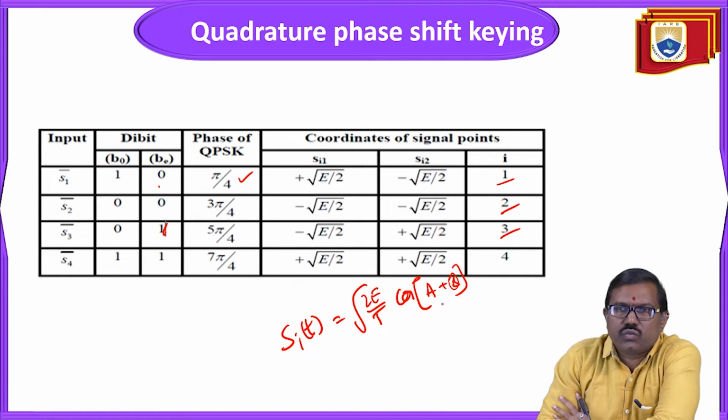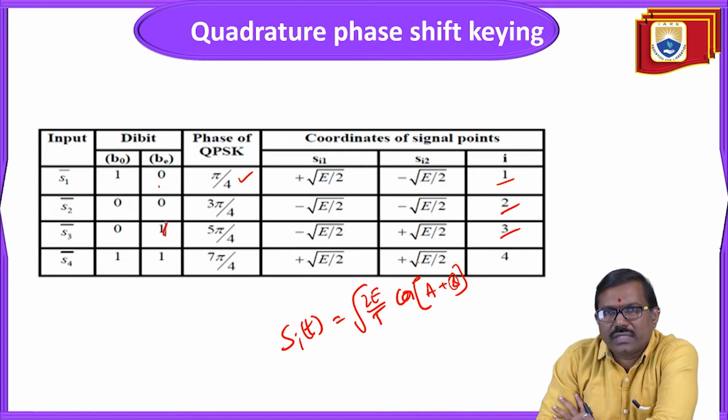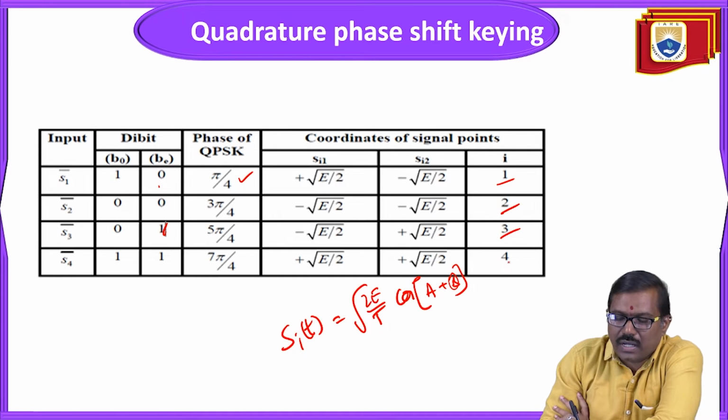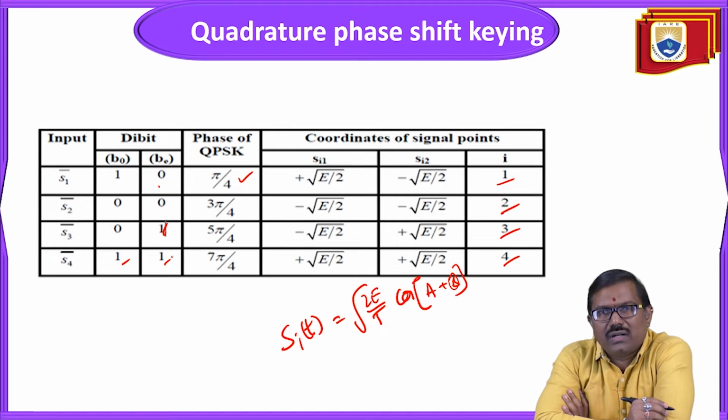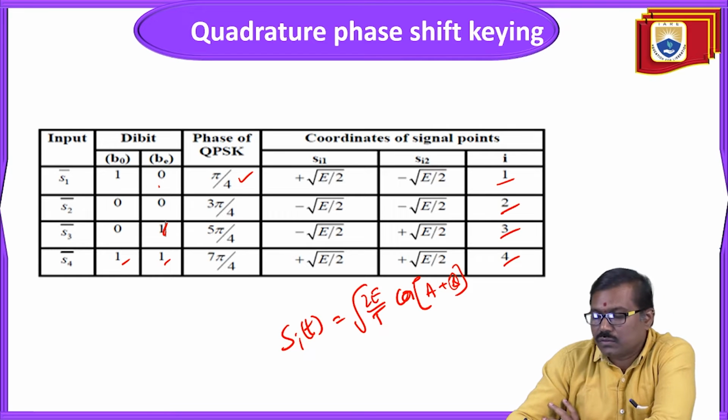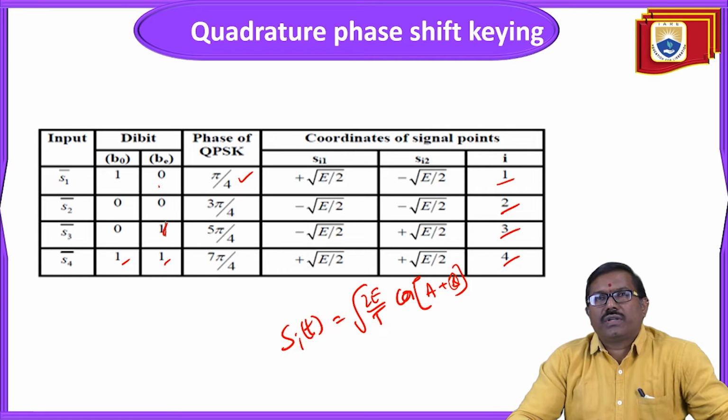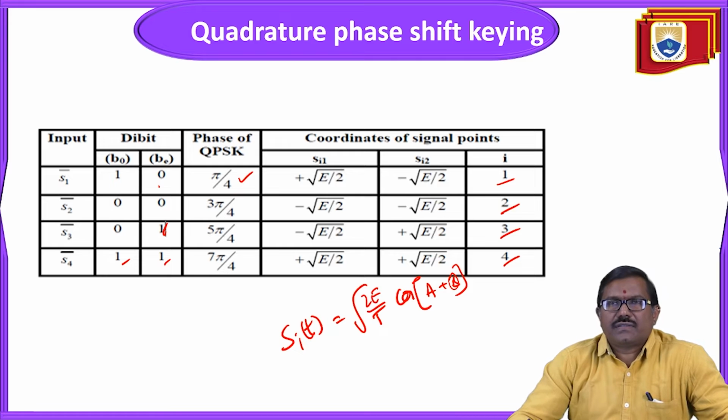So we divide this and substitute the i values, and you get these coordinates of the signal points. And again, for i equal to 4, my dibits are 1 1 and the phase value is 7 pi by 4. So this is for the QPSK coordinates of the signal points.